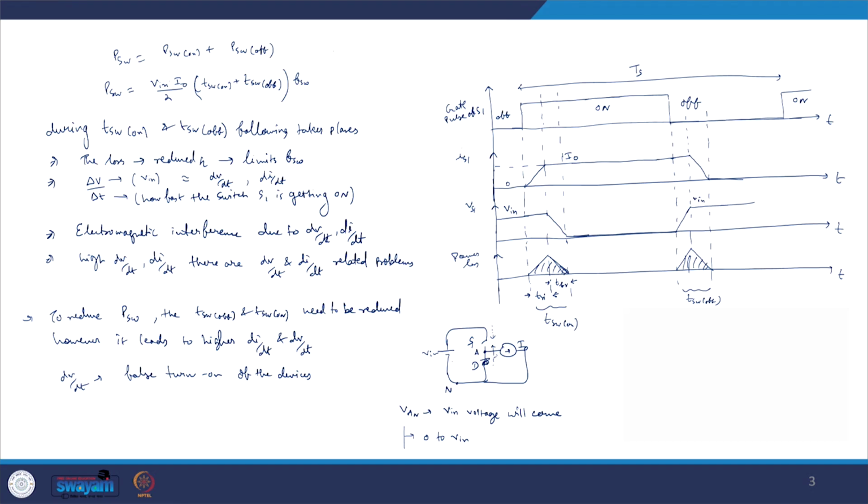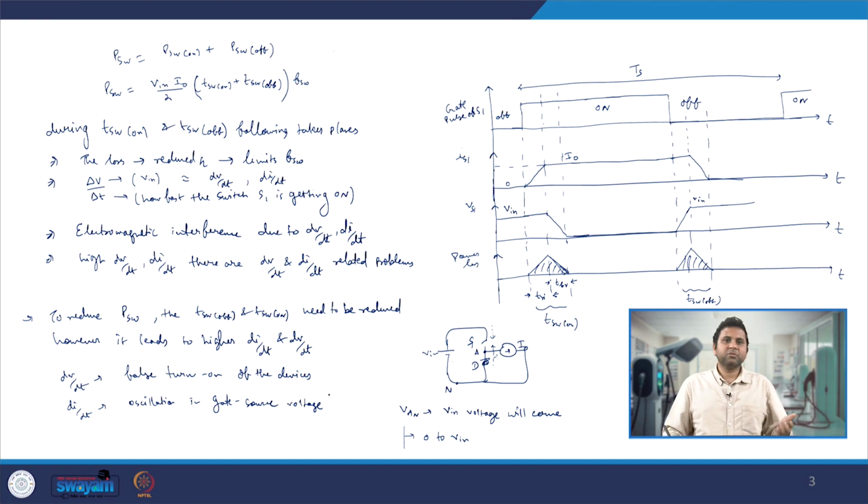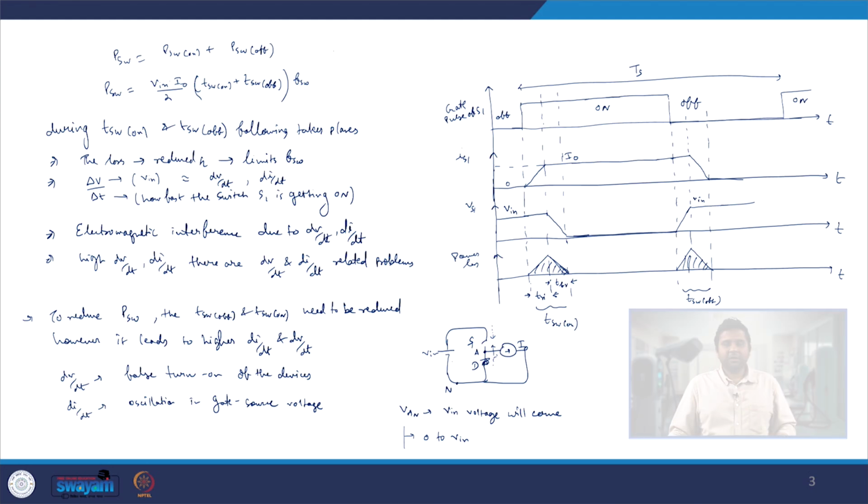So both the switches are on in the half bridge, and that leads to the false turn-on, and di/dt leads to oscillations in gate to source voltages. So again, these are things which we are not going into too much detail. Primarily these are the problems which occur because of these things. So let us see how we can avoid these things.